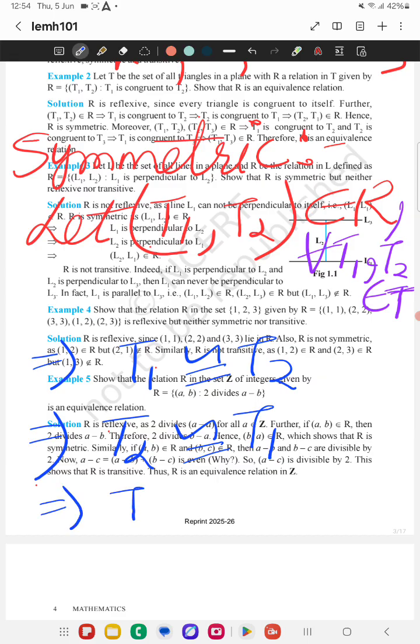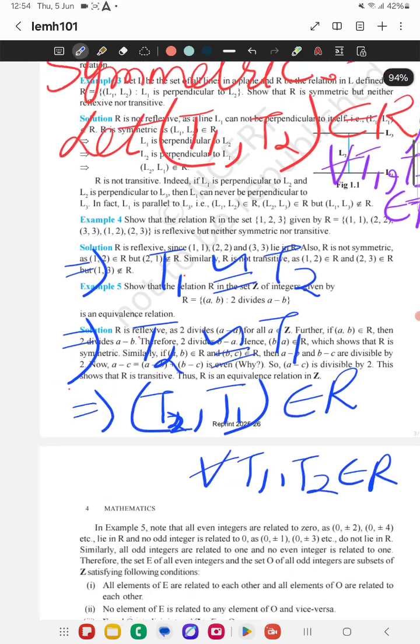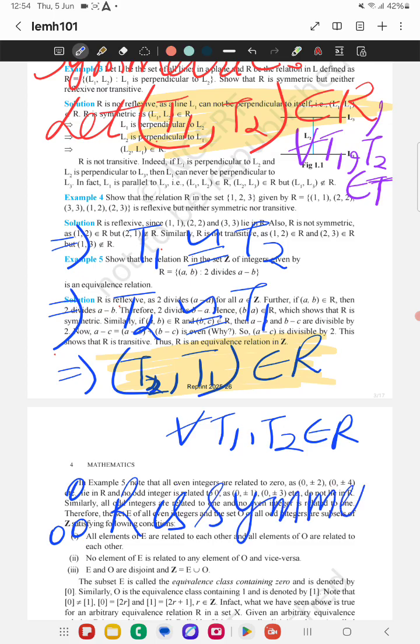This implies that (T2, T1) belongs to R. So we have taken (T1, T2) belongs to R, and we have shown that (T2, T1) belongs to R. Therefore R is symmetric.